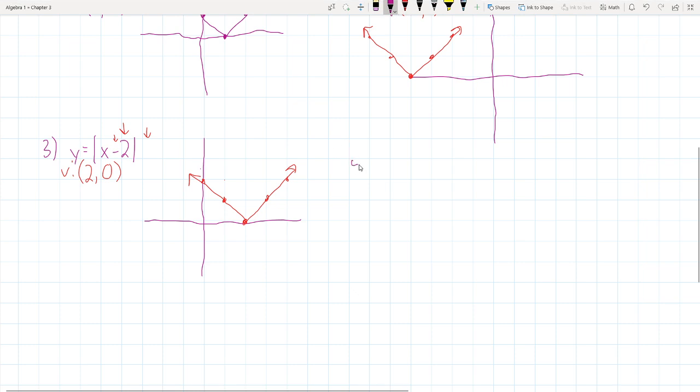Number 4. Now this one's a little different. We get y equals negative the absolute value of x minus 2. I'll make a quick little graph off to the side.